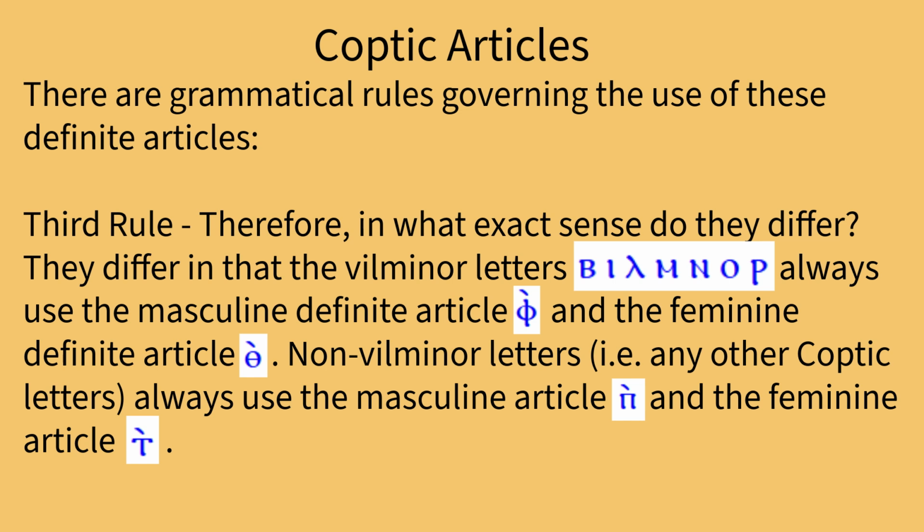They differ in that the vil minor letters, which once again are listed above, always use the masculine definite article ab or af and the feminine definite article at. Non-vil minor letters, i.e. any other Coptic letters that are not the letters I've just listed above, always use the masculine article ab and the feminine article ad.